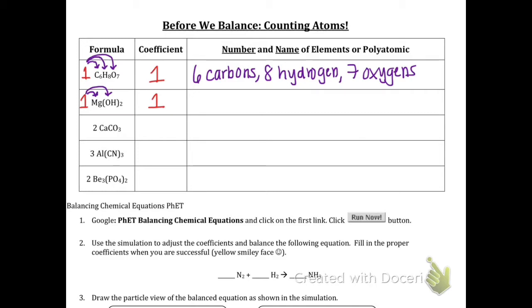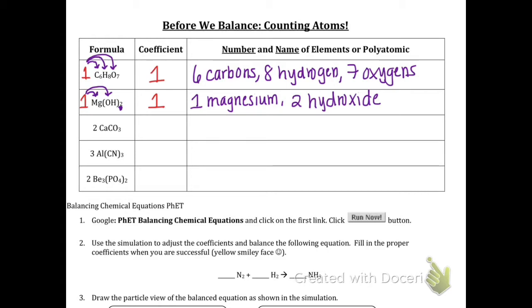So we have 1 magnesium, but then here we have, and you see this number right here, we have 1 times 2, which is 2 of the polyatomic hydroxide. So we have 2 hydroxides.